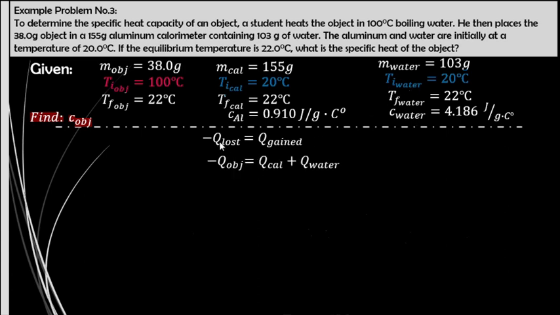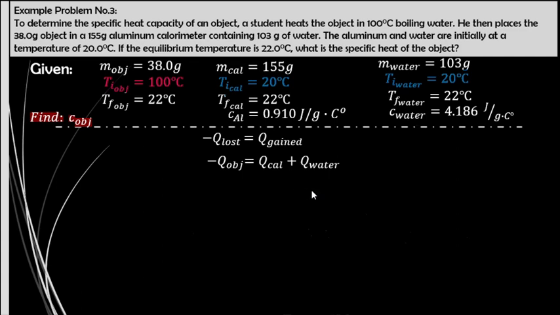So our negative Q lost is the negative Q by our object, and the Q gained will be the sum of the heat gained by the calorimeter and water.